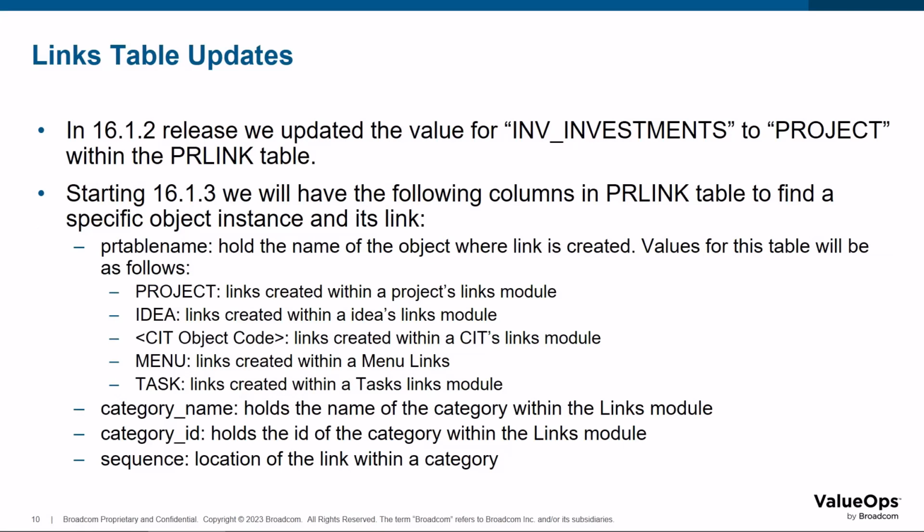There will be a column for category name, which will have the name of the category within that links module, and the category underscore ID will hold the 5 million number of that category within that links module. And then last is the sequence, which should be the sequence number for that specific URL within that category.